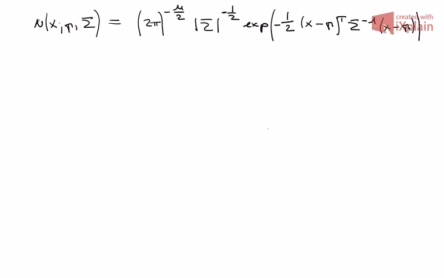What you might not be quite happy with is what I'm writing on the left-hand side. Here I use N for normal distribution, which is confusing because I always say Gaussian, but that's just how it is.